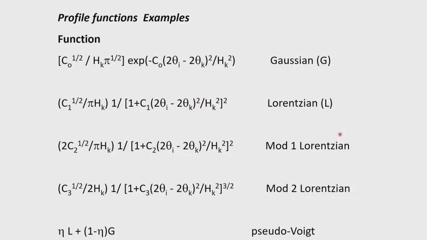So we have a Lorentzian type, modified 1 Lorentzian, modified 2 Lorentzian, and very often we use this so-called pseudo-Voigt function. I am not explaining individual values associated. We have used, for example, here H associated with this, and we have used G associated with it. These are all functions which are readily available. So these functions are already available in all the instruments.